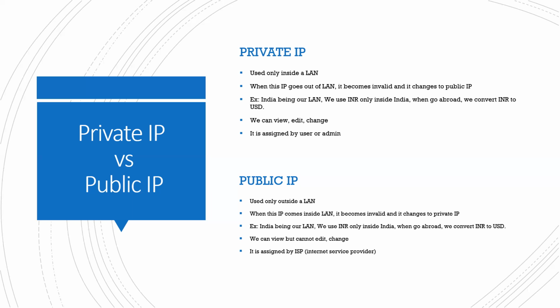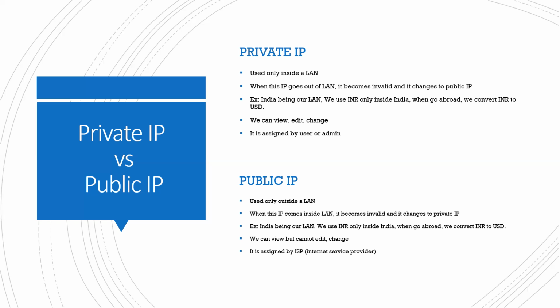And coming to public IP address, which is assigned to a device for direct access over the internet. Public IP addresses are globally unique and routable, so that means they can be accessed from any other device on the internet. What is the purpose of a public IP?